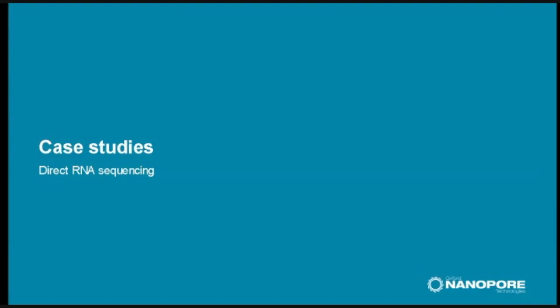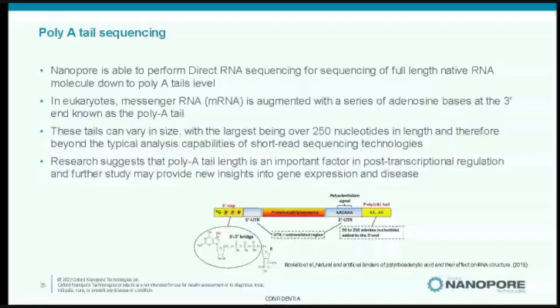So with that, I will move on to the next case study focusing on direct RNA sequencing. One of the unique features offered by direct RNA molecule sequencing is poly-A tail sequencing. Nanopore is able to perform direct RNA sequencing of full-length native RNA molecules down to the poly-A tail level.